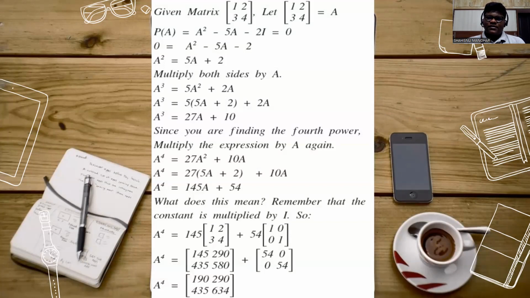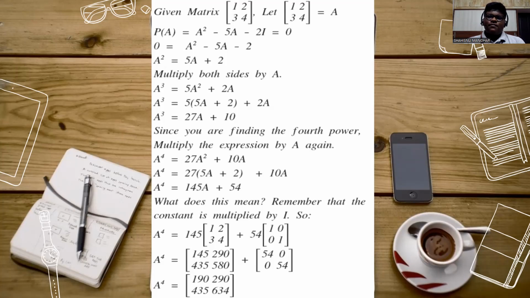In terms of the characteristic equation of the given matrix, we can write it as A squared minus 5A minus 2I equal to 0. And from here, we can write A squared is equal to 5A plus 2I.